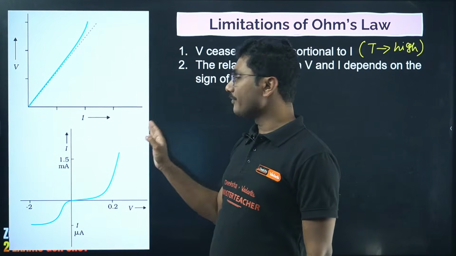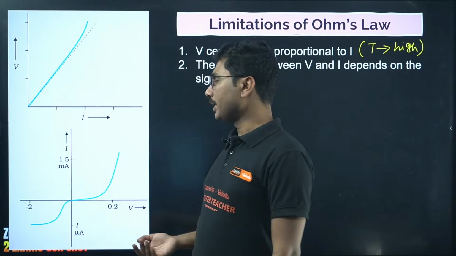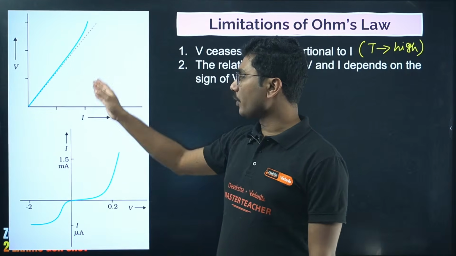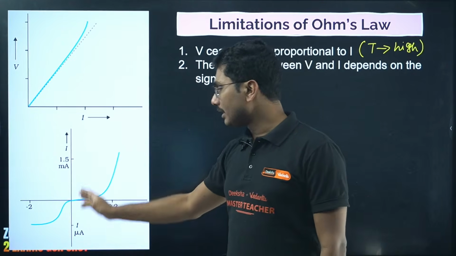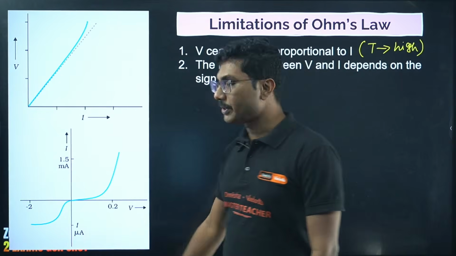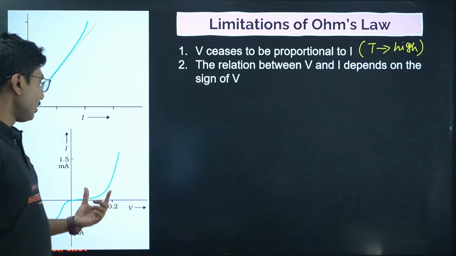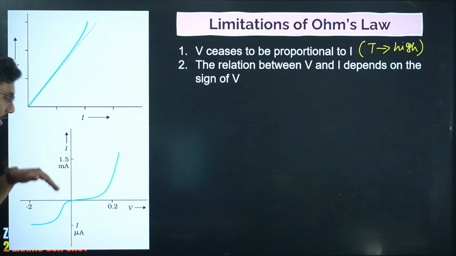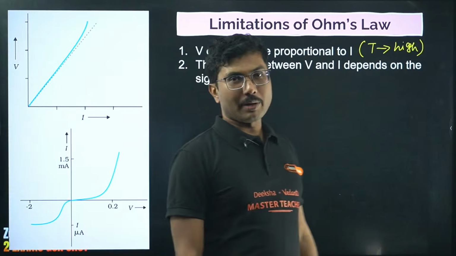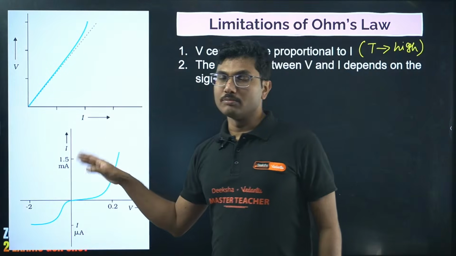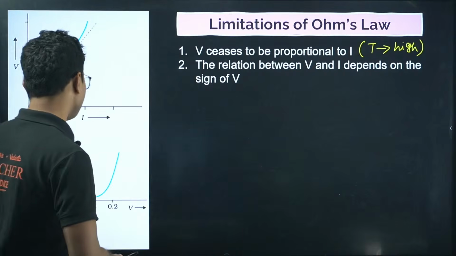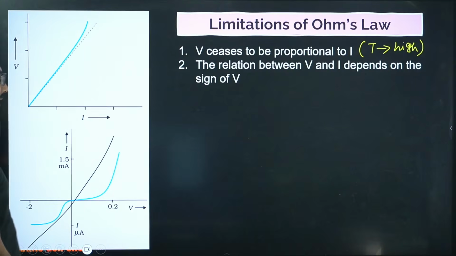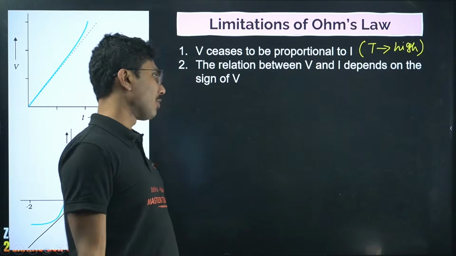This is the IV characteristics of a semiconductor diode. This is the forward bias, this is the reverse bias. The forward bias graph is in milliampere, while the reverse bias graph is in microampere. So for positive voltage it is milliampere, for negative voltage it is microampere, so again it is not an Ohm's law graph. If Ohm's law was valid, we would get a straight line graph like this, but we are not getting that, so Ohm's law is no longer valid.